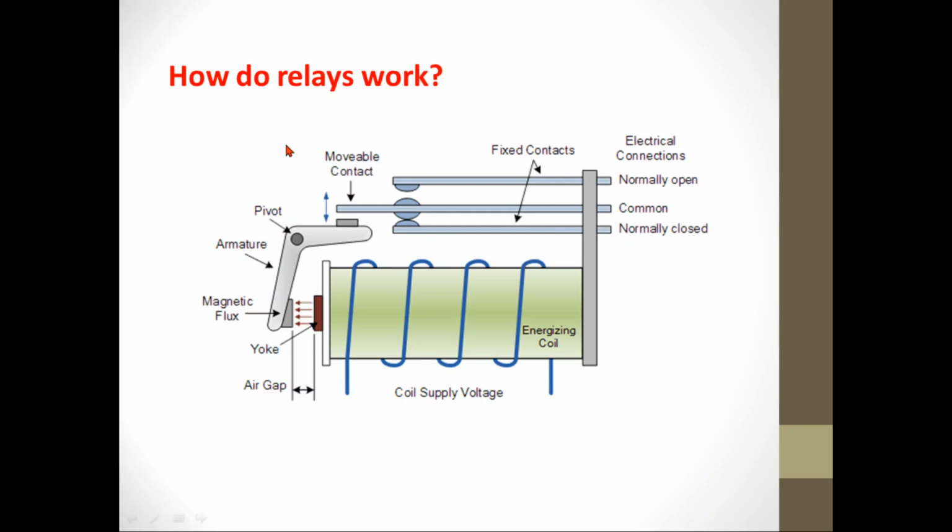So how does a relay work? As mentioned, in order for the relay to work as a switch, it must be supplied with a rated voltage. The voltage will be supplied here at the coil terminals. Once it is supplied with the voltage, electrical current will flow in the wires in the coil.